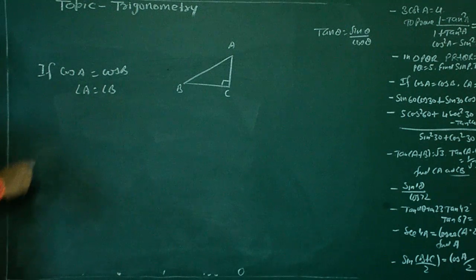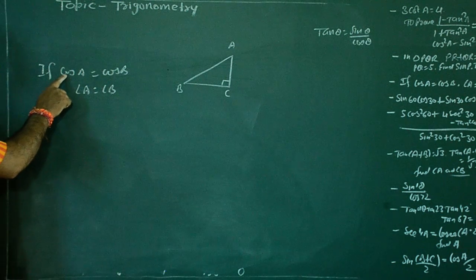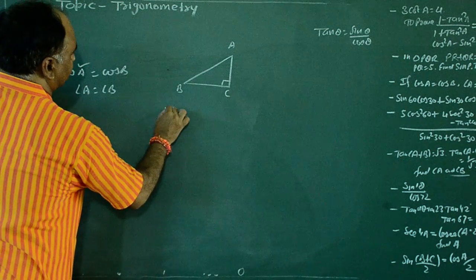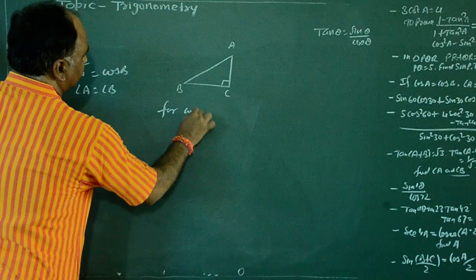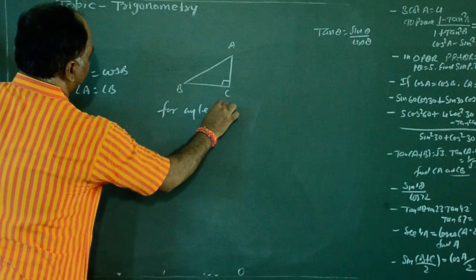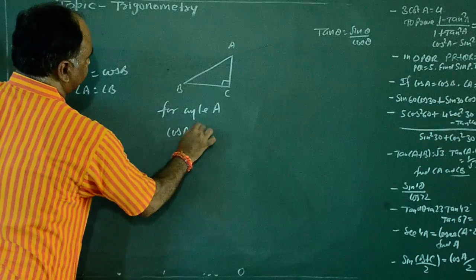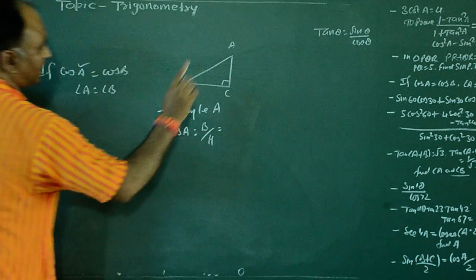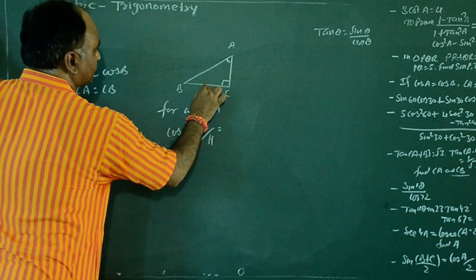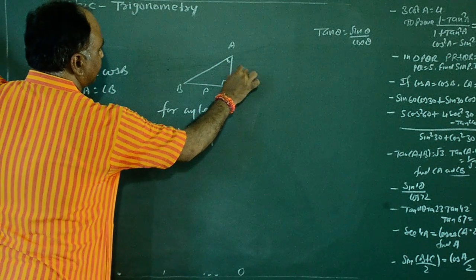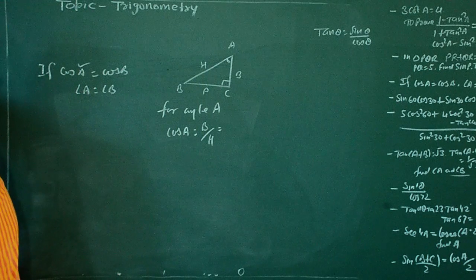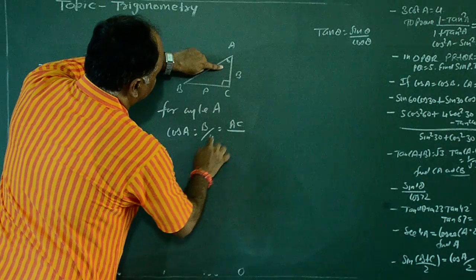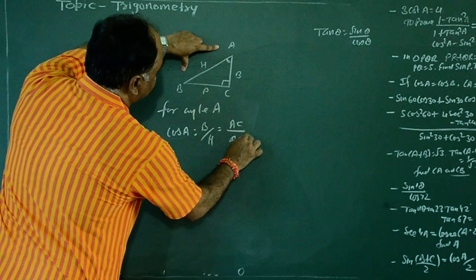Now according to this, when you take angle A, you need cos A. The formula of cos is B upon H. For angle A, this is the perpendicular, this is the base and this is the hypotenuse. You need the base, that is AC, upon the hypotenuse, that is AB.